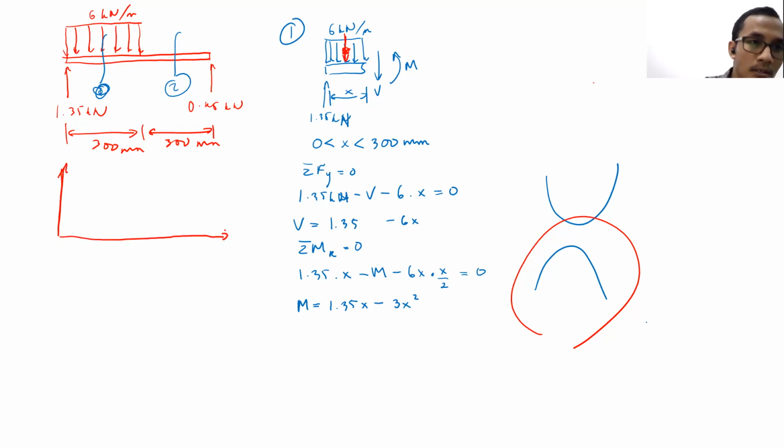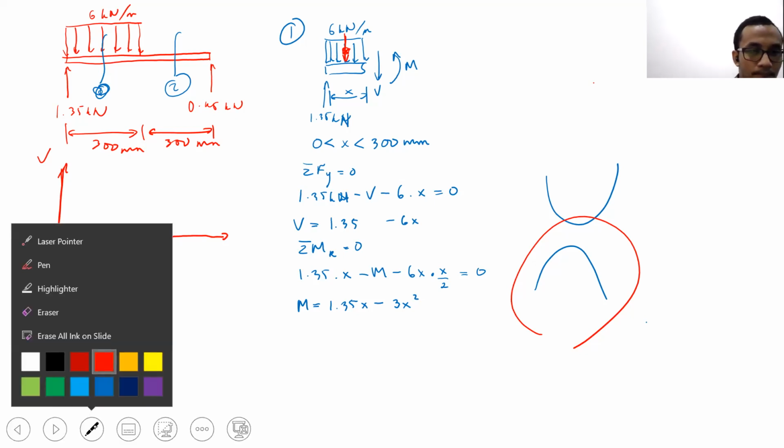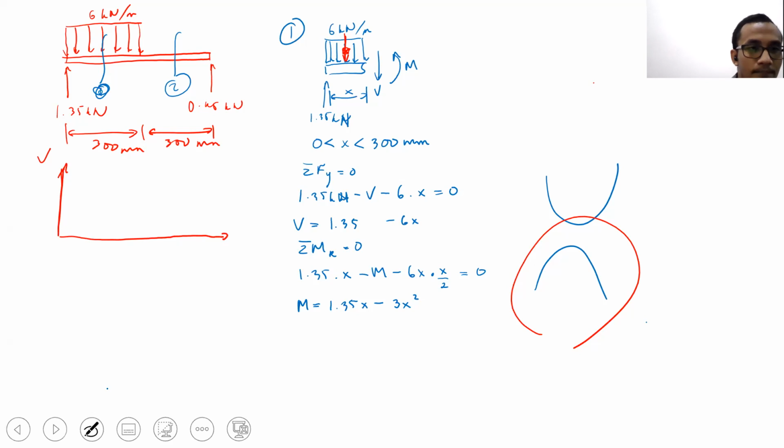For the phi, it is only 1.35 minus 6x. At x equal to 0, what is the value of phi? At x equal to 0, it is 1.35, so it will start at 1.35 on the phi. Okay. And it will go down.